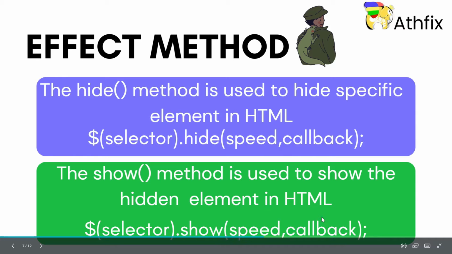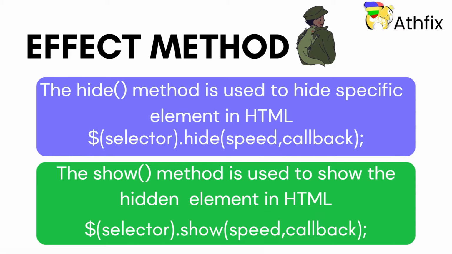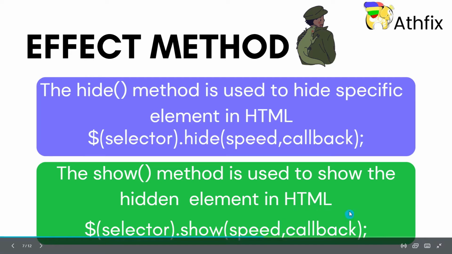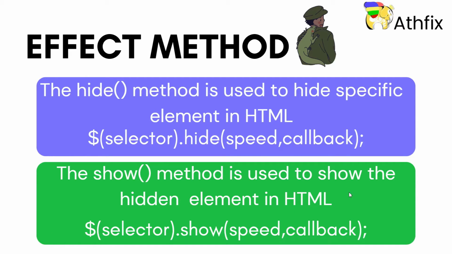If you mention 1 second, it shows with a transition within 1 second. And in the callback function, we can add alerts or anything, such as that this element is shown or that element is hidden.